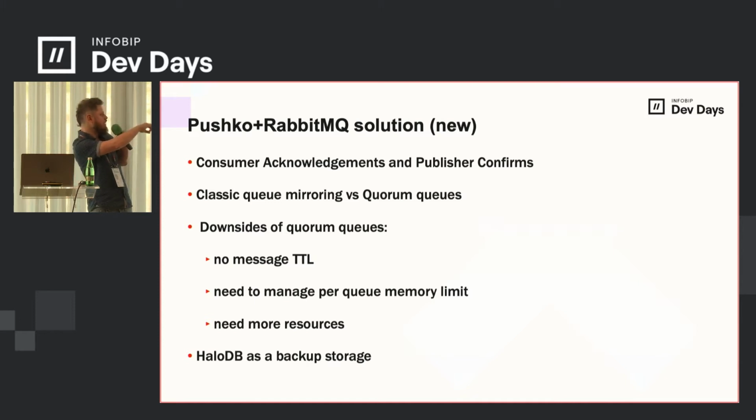We saw some important downsides of quorum queues that we considered, so we have chosen classic queues for replication. And we decided to keep HaloDB as a node local persistence storage, and as a backup in case RabbitMQ becomes unavailable, and that saved us quite a few times, so that was a good decision.